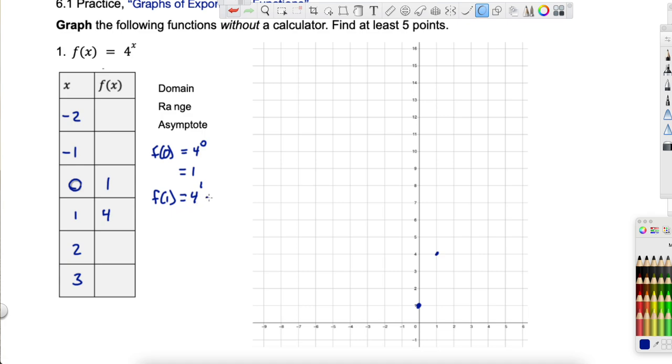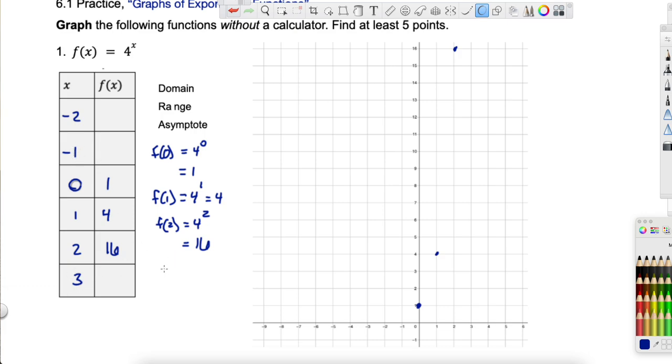Let's try f of 2. That's 4 to the second, which is 16. So I'm putting in 2, and I get 16. I'm all the way up here. 3 is going to be off the graph.